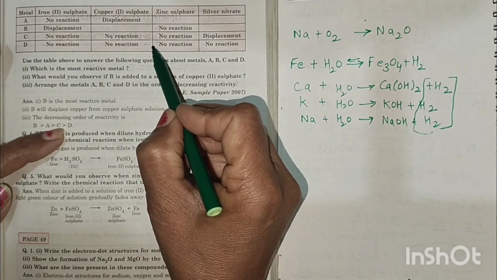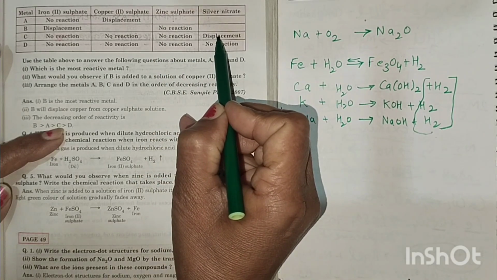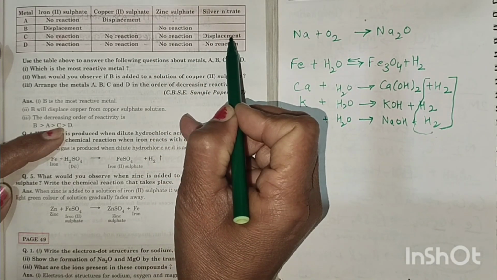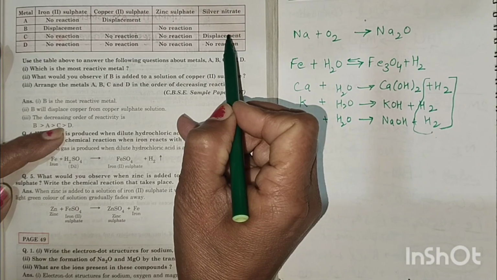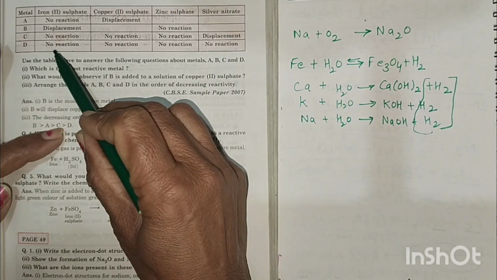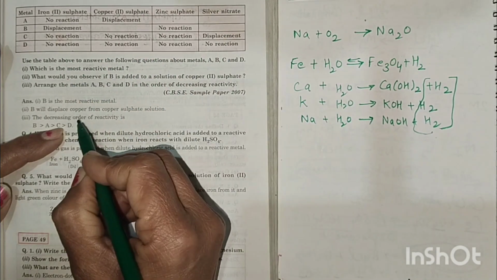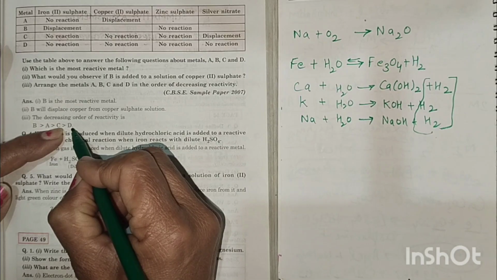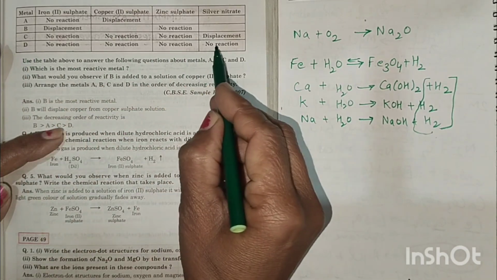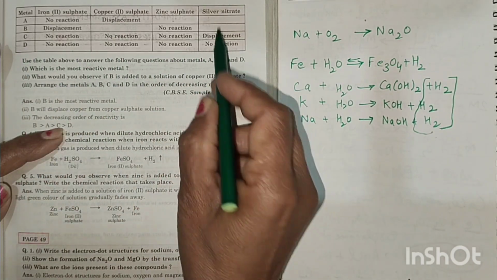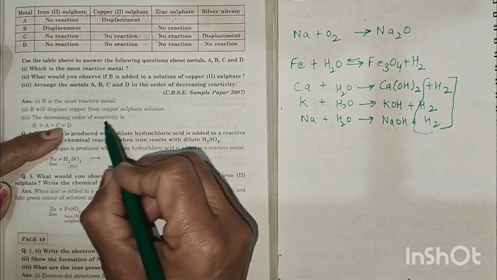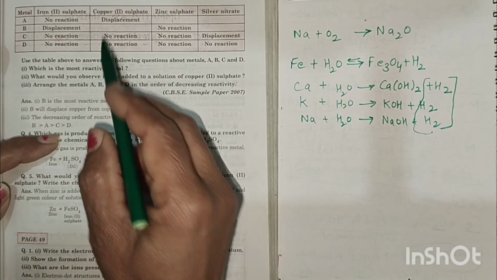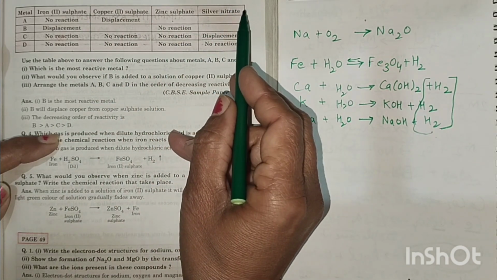Then C, because this also shows displacement with silver nitrate, and here no reaction takes place. It means D is least reactive. Metal D shows no reaction with all these salts, and hence it is the least reactive of all four.